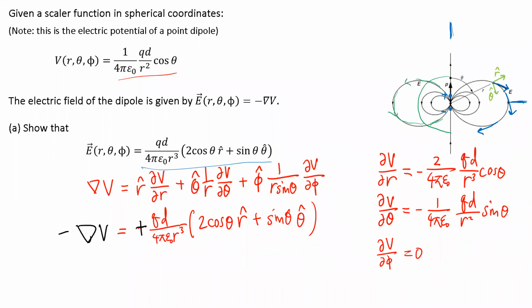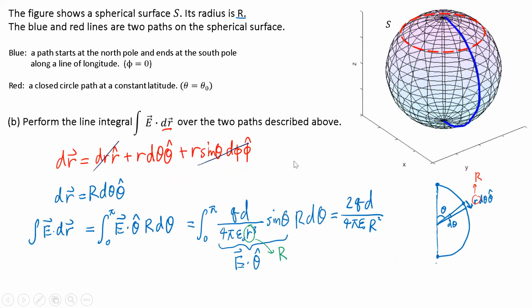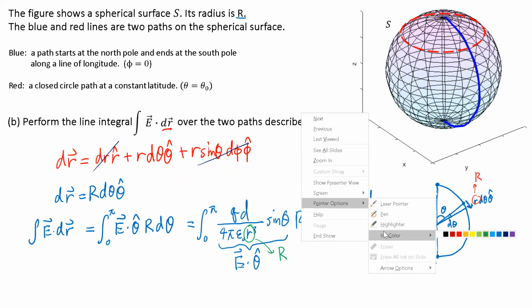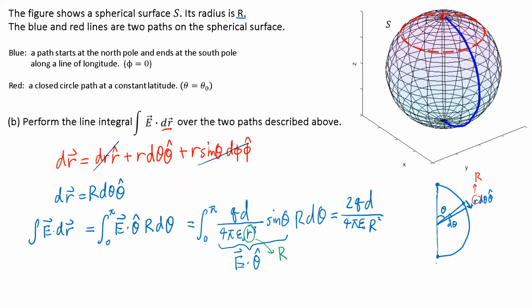If it is a conservative field, that means the line integral, first of all, is path independent. And also, the value of the line integral is just equal to the difference between the potential value of the endpoint and the starting point. So this is an electric potential. All you need to do is take the potential value here and the potential value here.